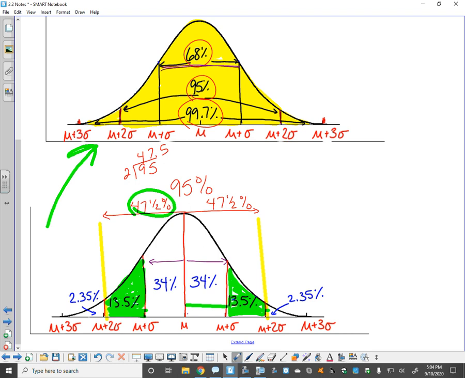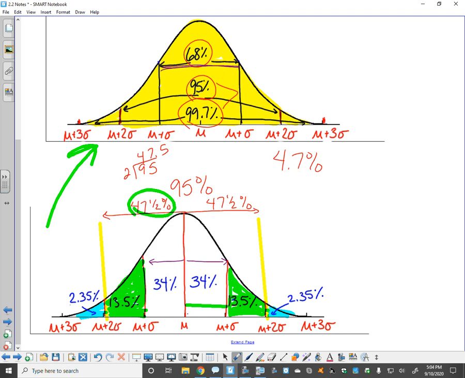Okay, so you can do it the way I did the other one, or you can think about this. Subtract the 95 from 99.7. Well, that would be 4.7%. Okay, so I'm 4.7% there and there total. So then I half it, and that's where the 2.35% comes from, because it's split between those two places.